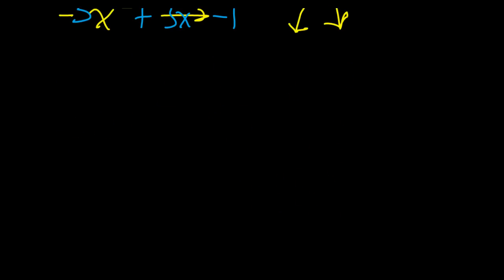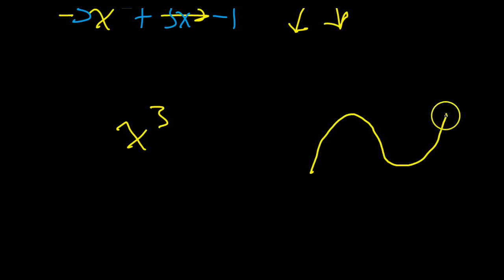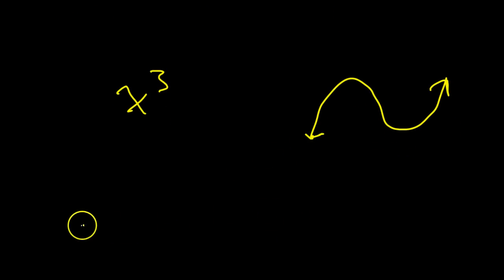Okay, and the same thing with this. If this was negative 5x squared plus 3x minus 1, it would still look like this. Similarly, if we up the degree to x to the third power, the basic graph for a cubic is this type of thing, sort of a positive capital letter N. And if it has a negative leading coefficient, then that just has the effect of turning that N upside down.